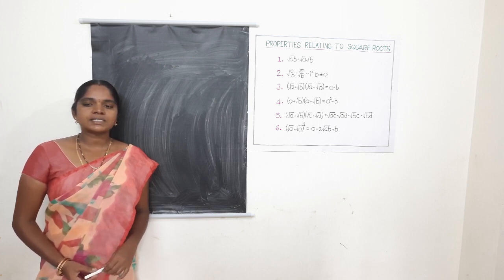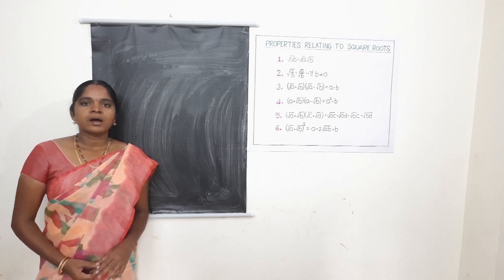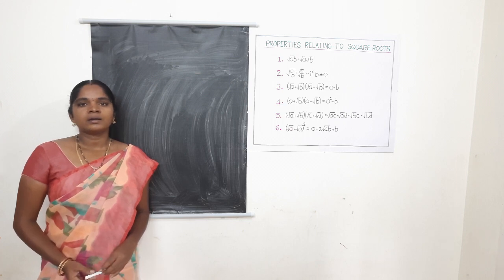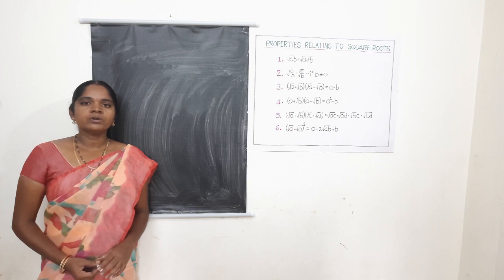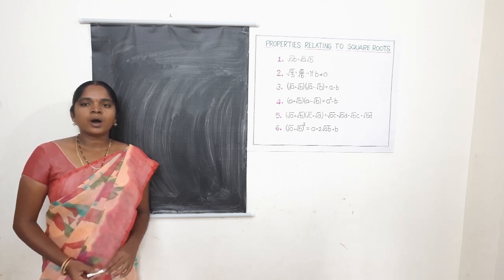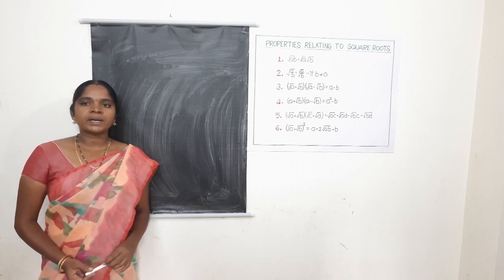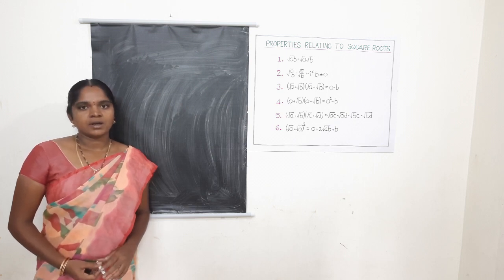Students, in the previous session, we have learnt about the number system and represented rational numbers and irrational numbers on the number line. Today, we are going to a new, important and interesting topic: how to represent a rational number on the number line through successive magnification, and some properties related to square roots.